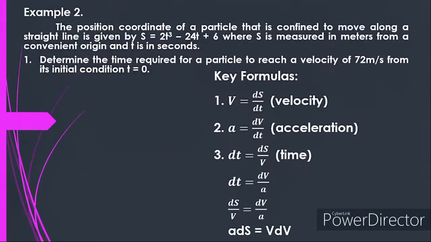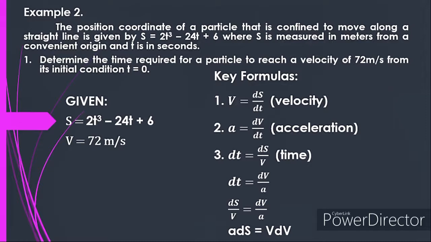So for question number 1, determine the time required for a particle to reach a velocity of 72 meters per second from its initial condition, t equals 0. Again, ano yung given natin? Given natin is the distance formula wherein S is equals to 2t cubed minus 24t plus 6. And then meron tayong final velocity na 72 meters per second.